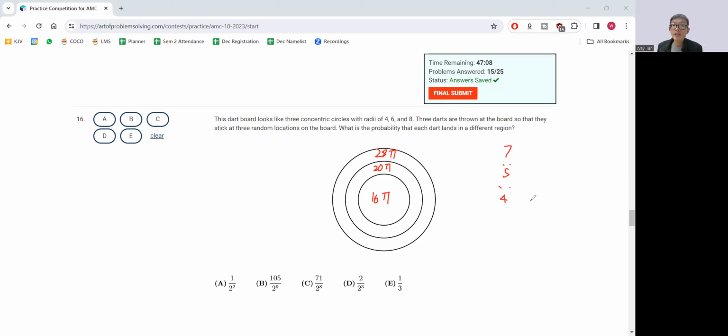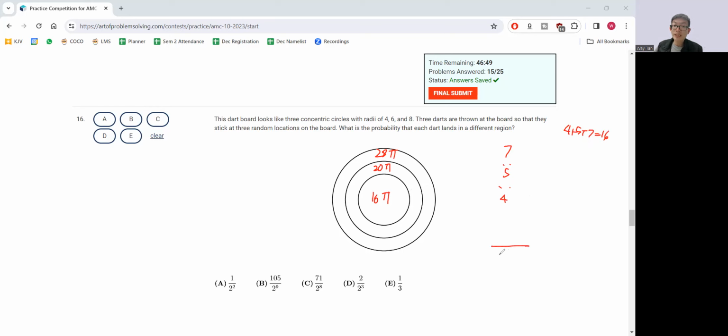So what's the probability that each dart lands in a different region? I think it's easier if I just treat it as if there are these 16 possibilities, since 4 plus 5 plus 7 is 16.